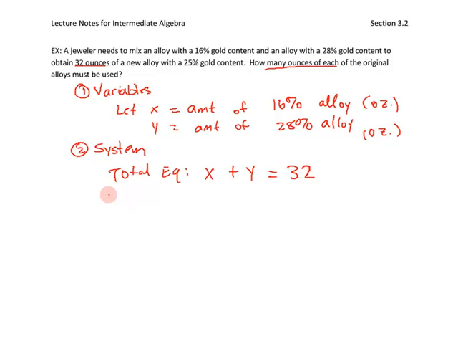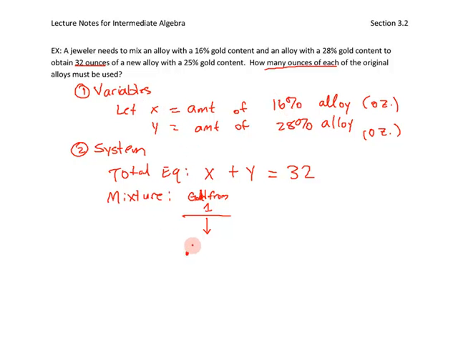But that's not the only equation. Now we need the mixture equation. So how much gold comes from the first alloy? Well, it's going to be 16% of however much of the alloy I get, because I've got so many ounces, and 16% of that is gold.